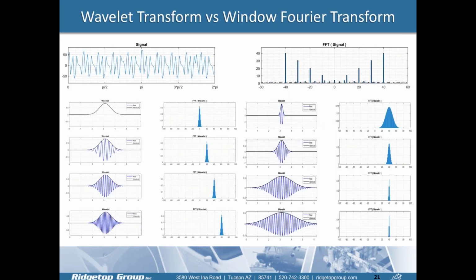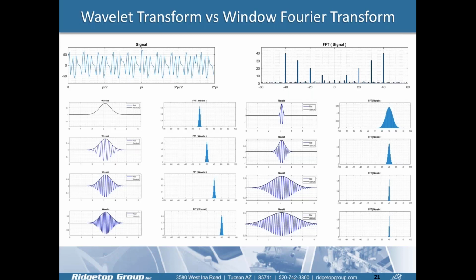Next slide, please. On the top of this slide, you can see a plot of the signal and the related FFT of that signal. And on the bottom, you see the wavelet, the function used for both the window Fourier transform and the wavelet transform. This wavelet is actually the window that we look at the signal through, analyzing just that part of the signal.